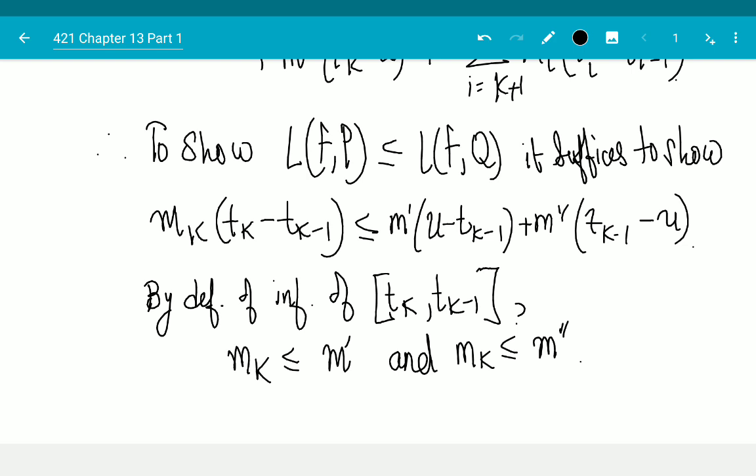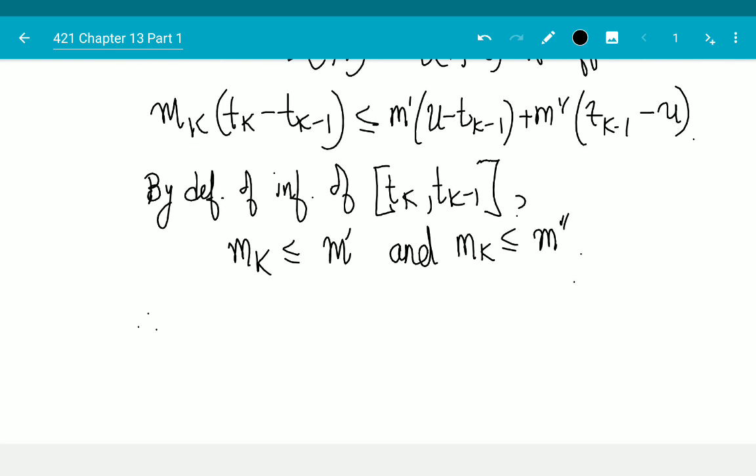Mk has to lie in one of the two. The value can be in both of these, they could be equal, but if M double prime was smaller than Mk, then that would be a problem, because M double prime would then be the infimum of Tk minus 1 to Tk, right?